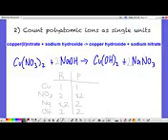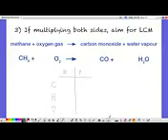Alright, the third tip, and this might be a harder one, is our hardest one of the 4. If we have to multiply both sides to get a balance, we aim for the lowest common multiple, and hopefully that will make sense as we go through this one.